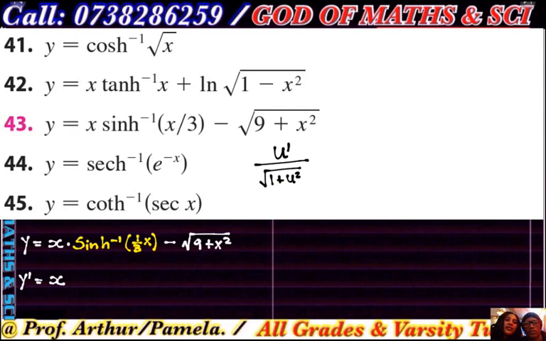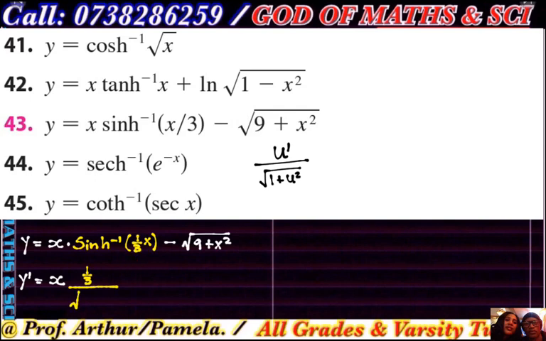So we can tell what everything is in our head. The u is that x over 3. The derivative of x over 3 is 1 over 3. So right at the top, I've got 1 over 3, divided by the square root.